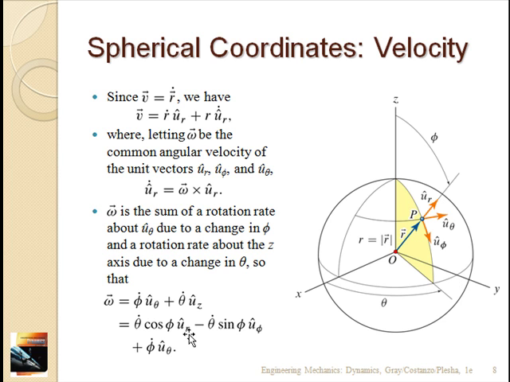And if you simplify it a little further, then you get, for the angular velocity, a component in the radial direction, which is a rotation about the radial axis, a component in the phi direction, which is a rotation about the phi axis, and then a component in the theta hat direction, right, which is a rotation in the plane perpendicular to that direction.